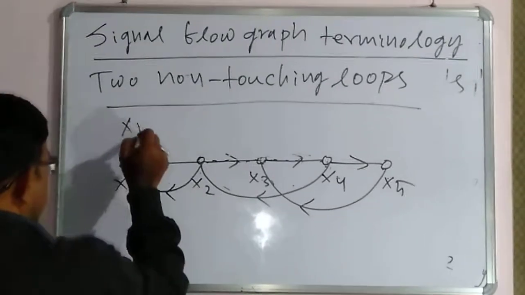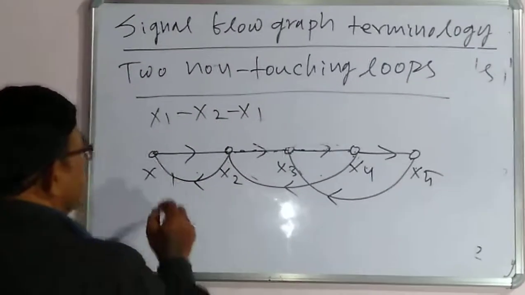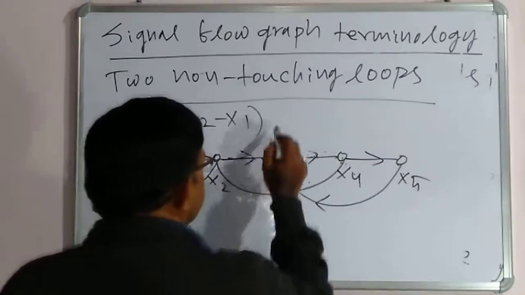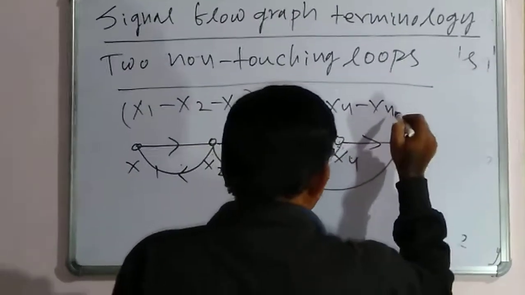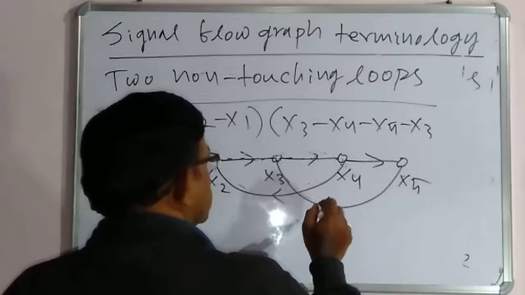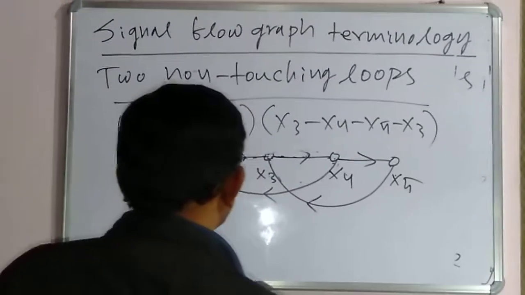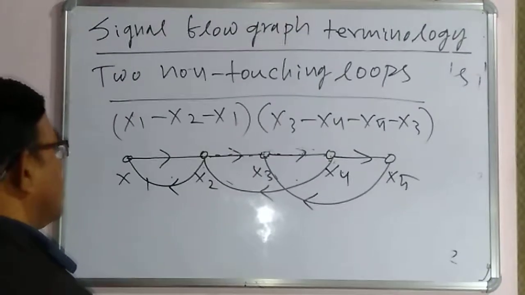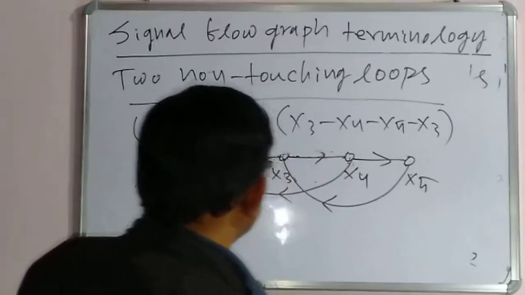This is one loop, that is x1, x2, x1. And this is another loop, that is x3, x4, x5, x3. These two loops are called two non-touching loops. These two loops do not touch each other, or they do not touch at the same node. Then it is called two non-touching loops.